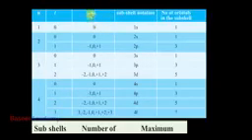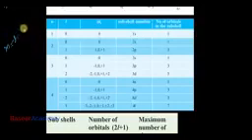And what are the possible M values? M takes values from minus L to plus L. So when L value is 0, M will take values from minus 0 to plus 0. There's no such thing; 0 will not have a sign. So the only value for M is 0 here.